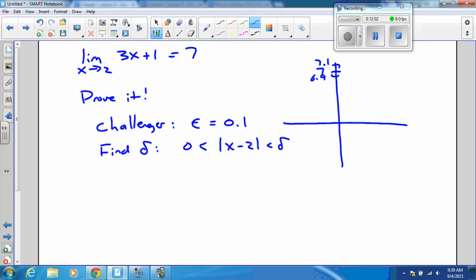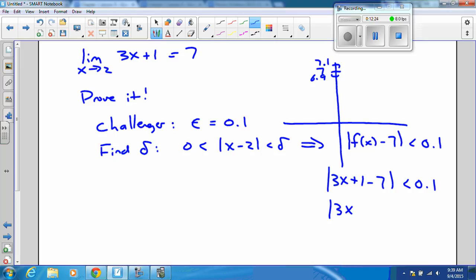So we have to find the delta so that when the absolute value of x minus 2 is less than delta, then the absolute value of f of x minus 7 is less than 0.1. Let's substitute for our f of x. And when we substitute for our f of x, something wonderful happens.